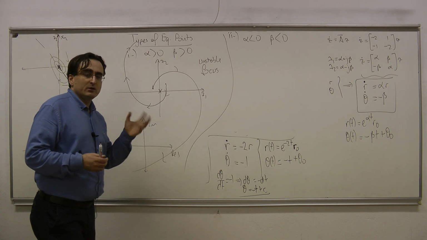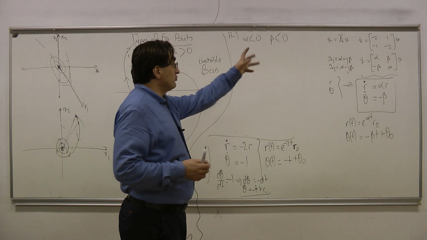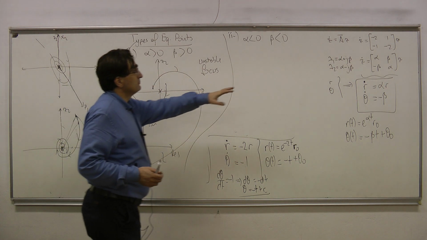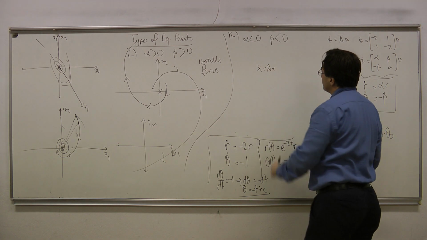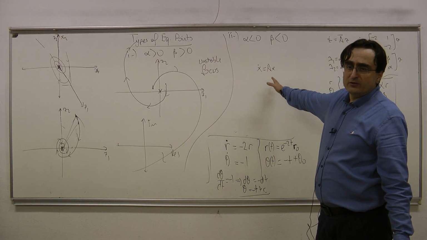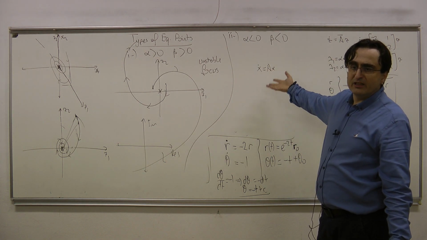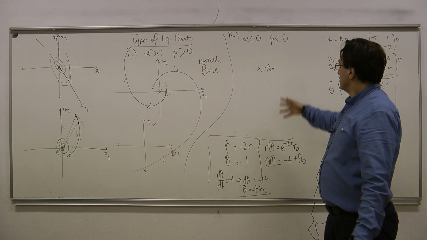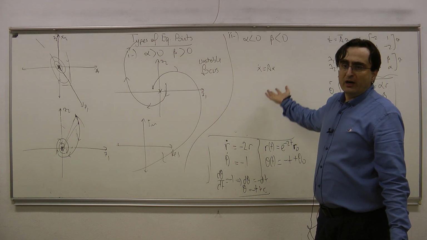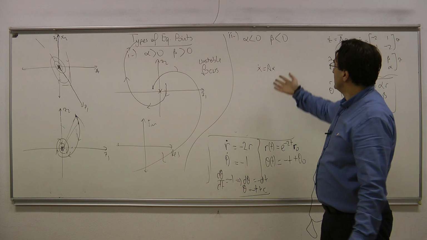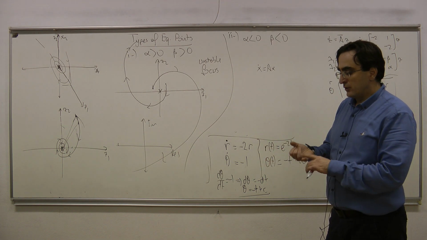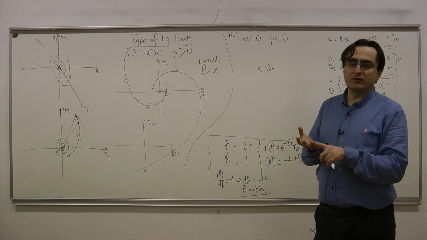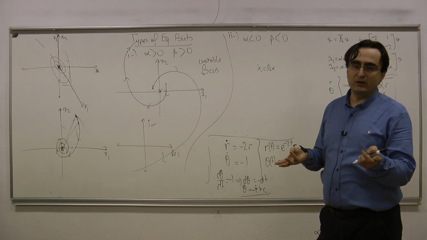So there is an analogy. Actually, this system, x dot is equal to Ax, is an autonomous system. It doesn't have an input. Okay? Since it doesn't have an input, I cannot talk about the poles or zeros of this system, because poles and zeros are related to the transfer function.